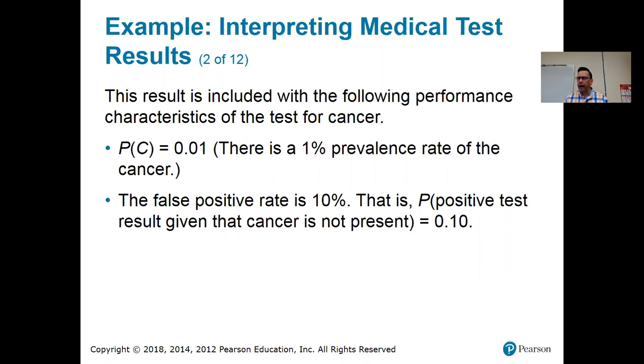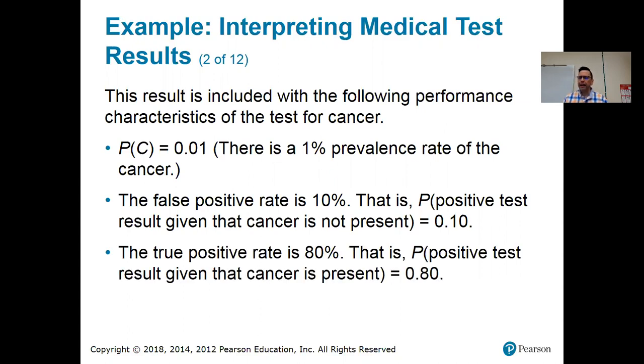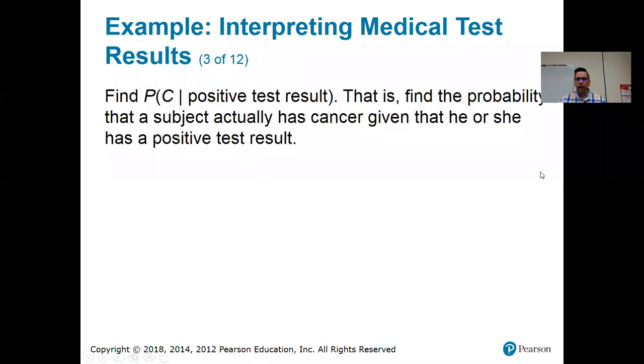That seems kind of high. And the true positive rate is 80%, which means the probability of a positive result given the cancer is present is 0.8. All right, so they want me to find the probability that cancer is present given that the test result is positive. Okay.